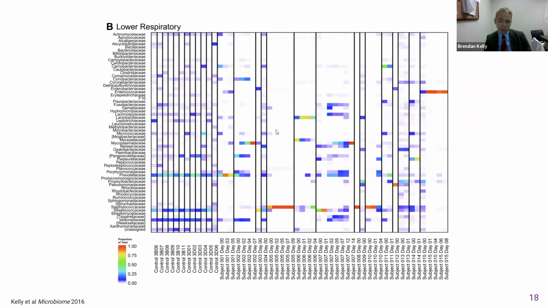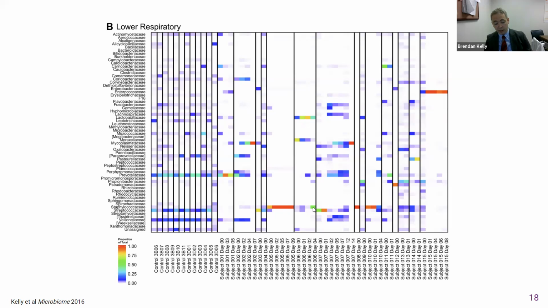You sometimes see a little bit more heterogeneity shortly after intubation. This may be post-intubation carry-through, but then dominance. And again, here's another patient we only had for a single day, but with Staph dominant, and somewhere in here there's a Pseudomonas as well, I think right here. But a clear visual difference between the healthy subjects and the mechanically ventilated subjects.